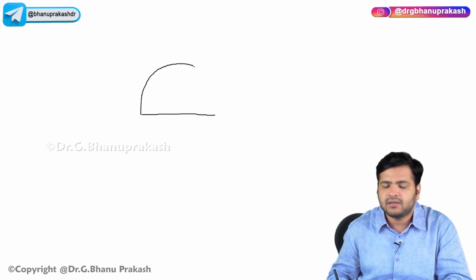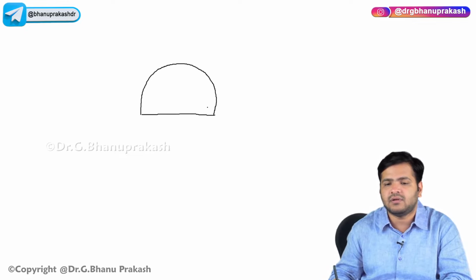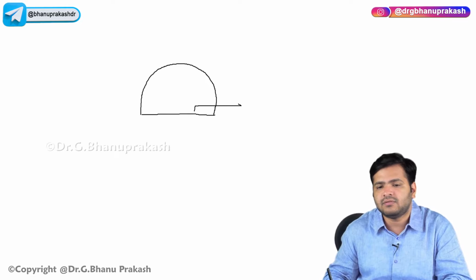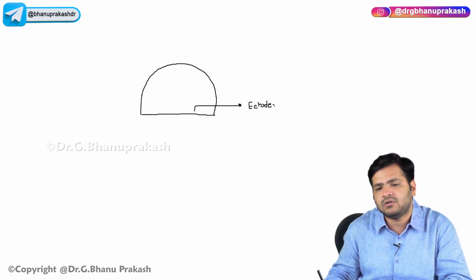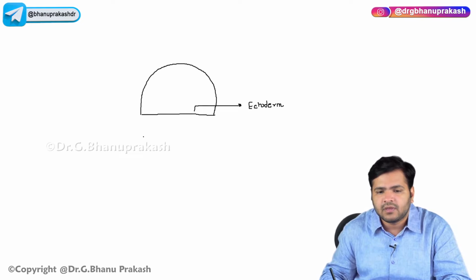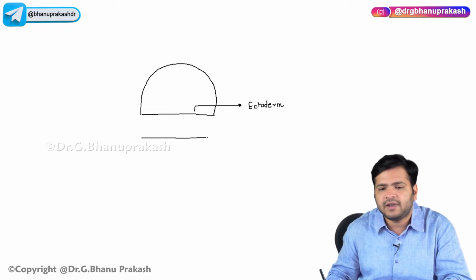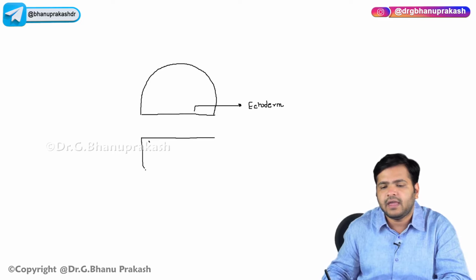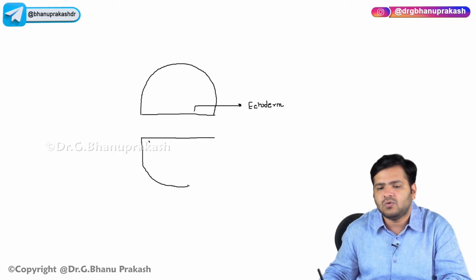Now let us draw a diagram and try to understand how this folding will take place, right? Now you already know that we have the amniotic cavity. Let us suppose that this is the definitive ectoderm, and we also have the definitive endoderm, with the yolk sac.